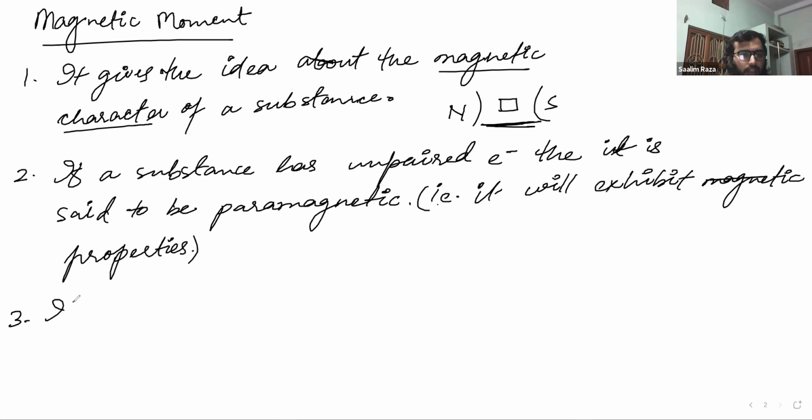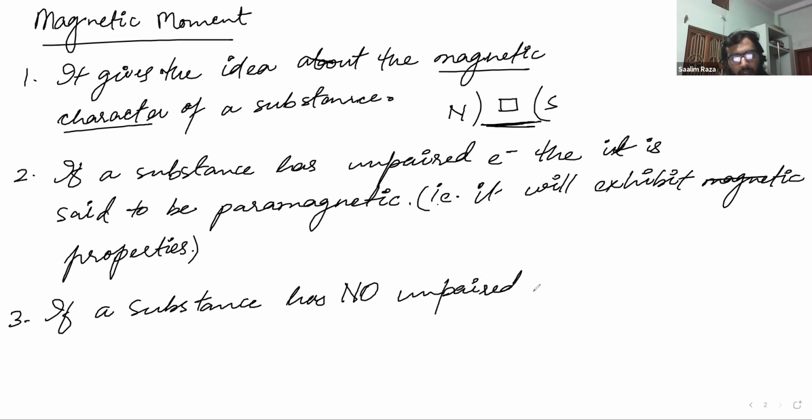What is the third thing? If a substance has no unpaired electrons, then it is said to be diamagnetic.